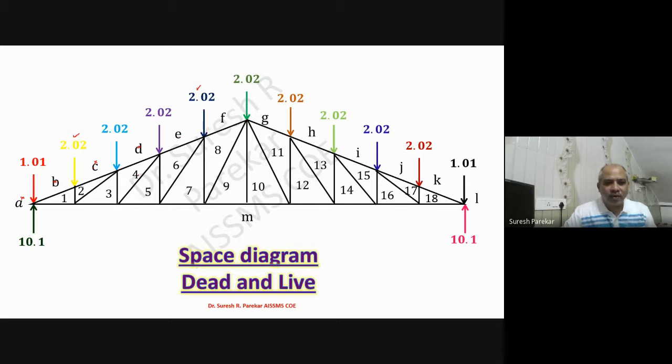Now, if I have to designate this member, how will I designate it? 1, 2. If I have to designate this member, then we have M3. Then for this member, we have M9. And this member, we will say it as 8, 9. Likewise we have to go.